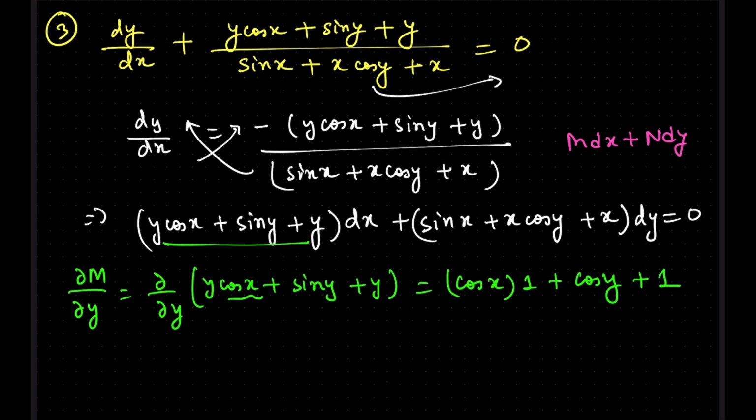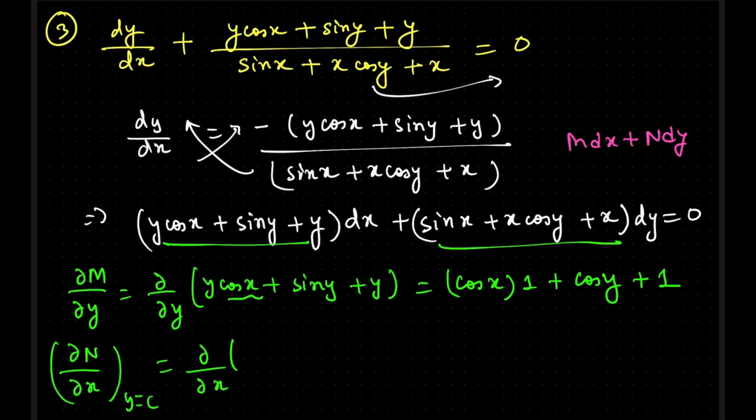Then let's differentiate ∂N/∂x. Here y will be constant. N is sin x + x cos y + x. For the first term you will get cos x.